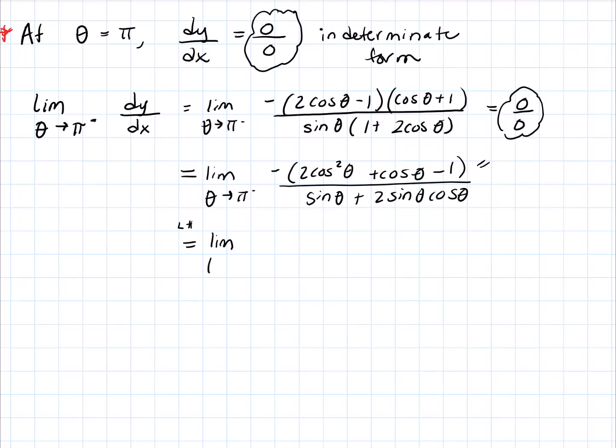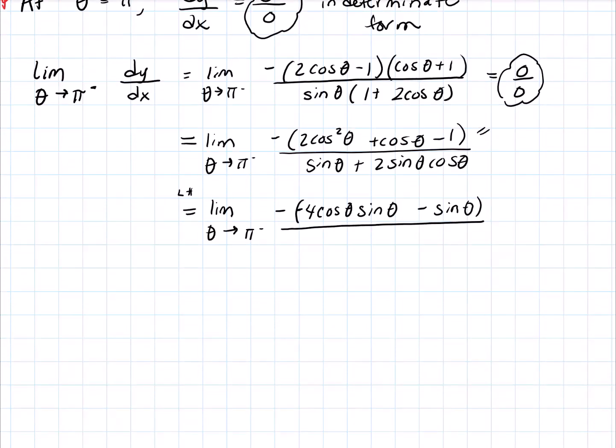Okay, so got it simplified. Now apply L'Hopital's rule. Limit as theta approaches pi from the left. We're going to have a negative 4 cosine theta sine theta minus sine theta on the top, and on the bottom we're going to have cosine theta, and then product rule here is going to give me a 2 cosine squared of theta minus 2 sine squared of theta.